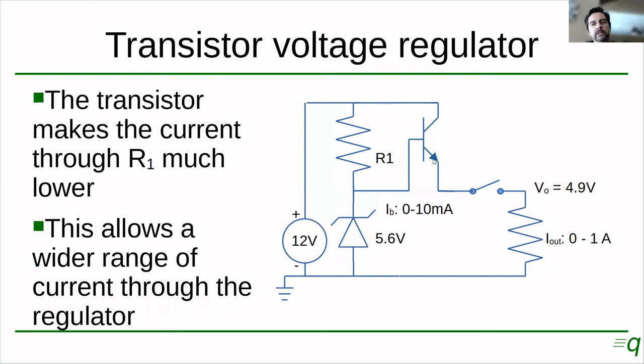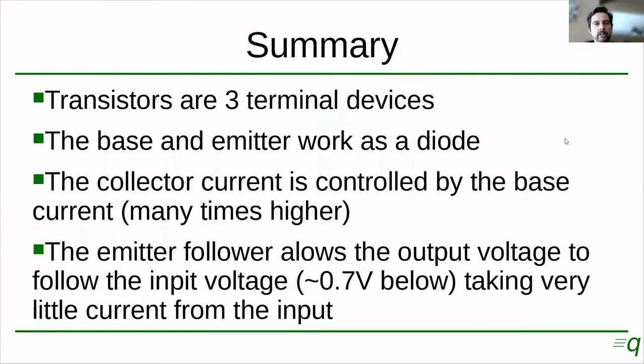If we add a transistor here in the emitter follower configuration, we will be able to deliver current in the range of maybe 0 to 1 amp, right? Because the voltage regulator with the Zener and the resistor only has to deliver 100 times less to the base, right? So maybe something in the range of 0 to 10 milliamps, which is well within the 0 to 80 milliamps that we calculated we could deliver.